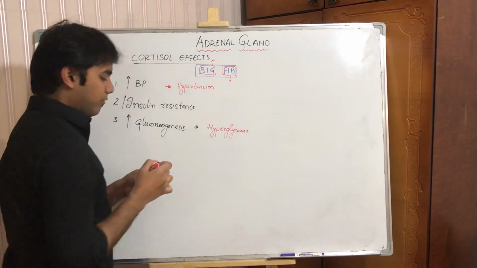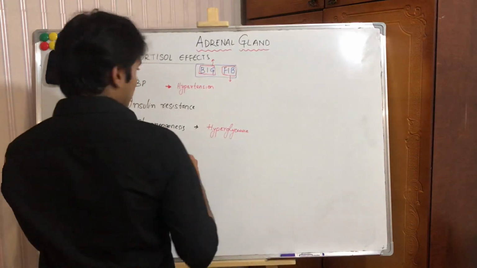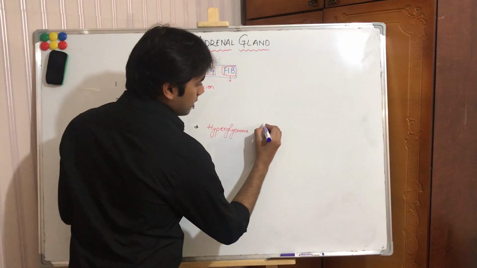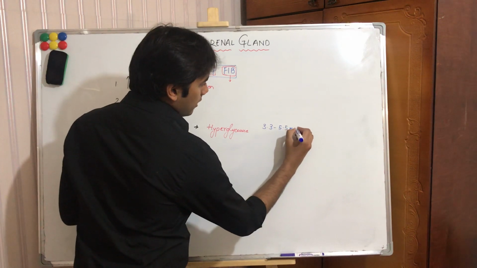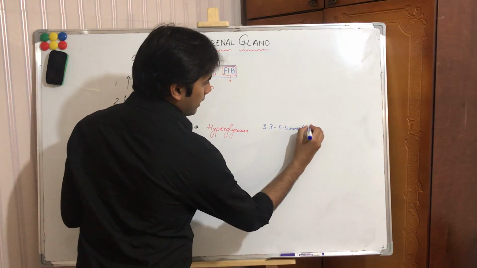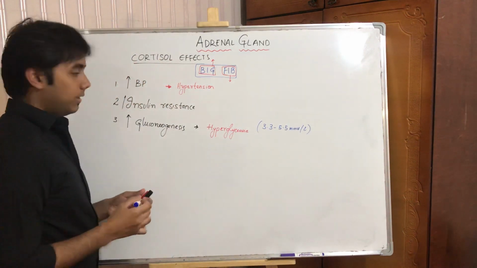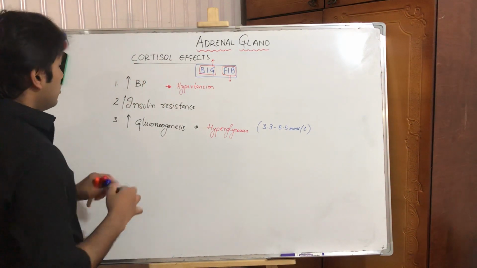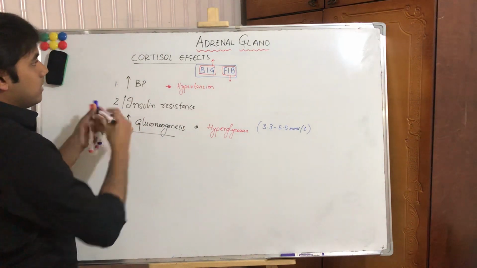What is the normal amount of glucose in our blood in millimole per liter? Normal level is 3.3 to 5.5 millimole per liter. If it is more than 5.5, it is hyperglycemia, right? So these three effects are rises, as you see here.